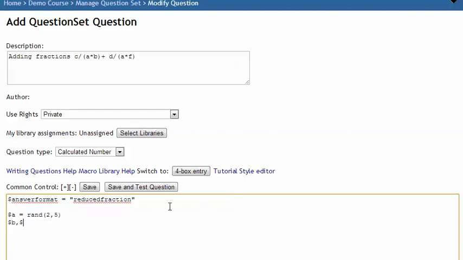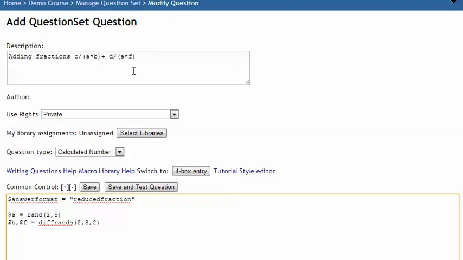And then B and F are going to be two different random values. Again, maybe between like 2 and, I don't really want anything much bigger than, let's see, 5 times 8 is like 40. That's not too bad. Okay, so we'll pick two different random values between 2 and 8.